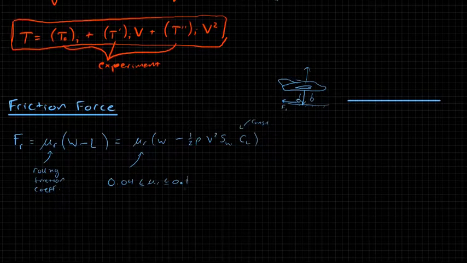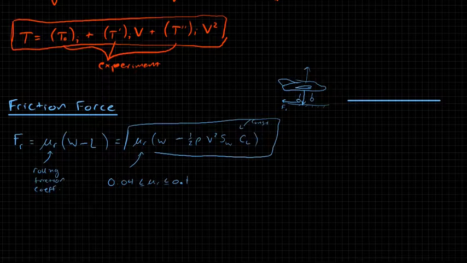And it could be even higher if you have loose gravel or dirt. When we talk later about brakes, we're going to apply brakes essentially by increasing the coefficient of rolling friction. Okay, so that's just a quick side note. Now we have an expression for the friction force, which I'm going to call F sub r.